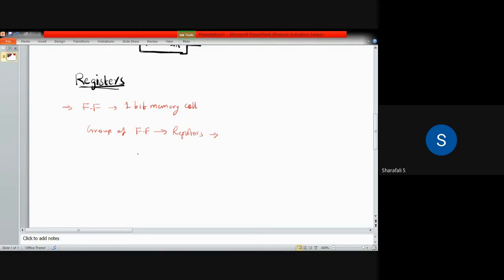And if you have an n-bit register, which means that you can store n bits, it will have n number of flip-flops.